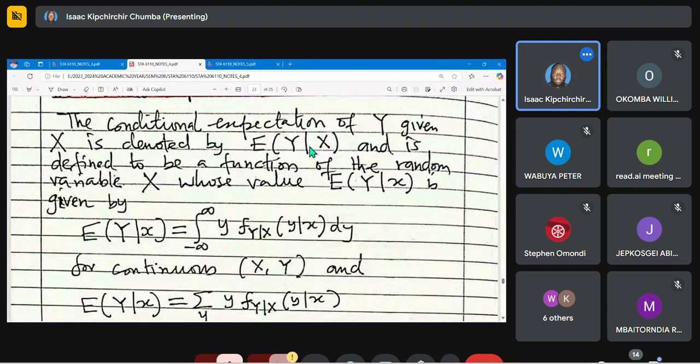It is defined to be a function of the random variable x, and the value it will assume is the expectation of y given small x.